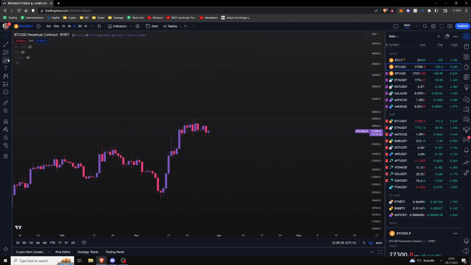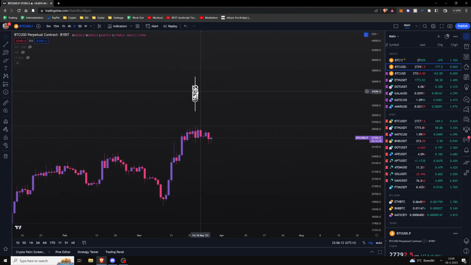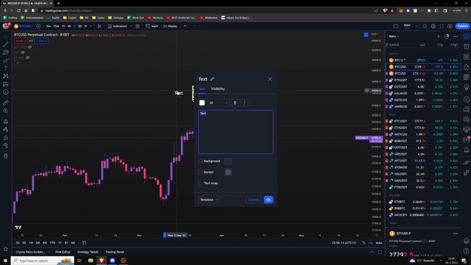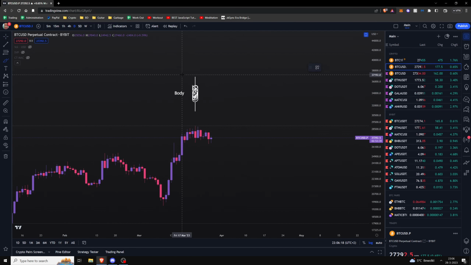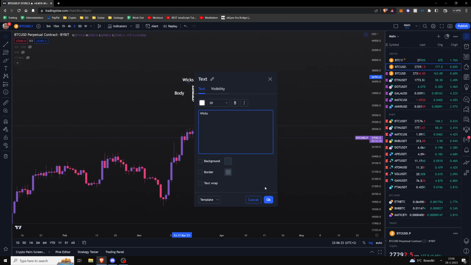And you'll see we have what we call the body. So we have a thick part, right? We got a thick part on there. It's the greatest painting tool. And then we'll have these little lines often on the top and the bottom side. So we got our body, and these little lines are what we call wicks, right?